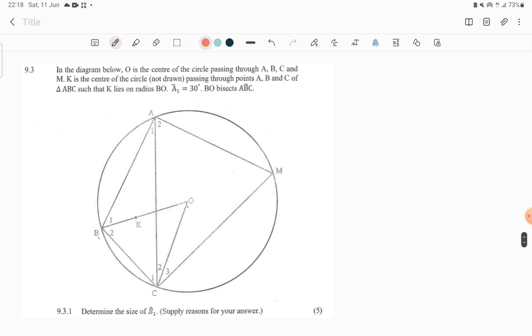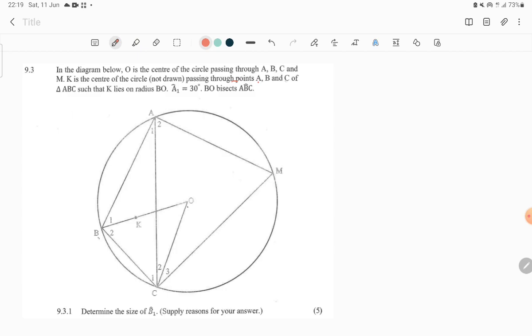The next question says, in the diagram below, O is the center of the circle passing through A, B, C, and M. K is the center of the circle, not drawn, passing through points A, B, and C. We probably have a circle that is abnormal like that, but nonetheless, it's not drawn to scale.